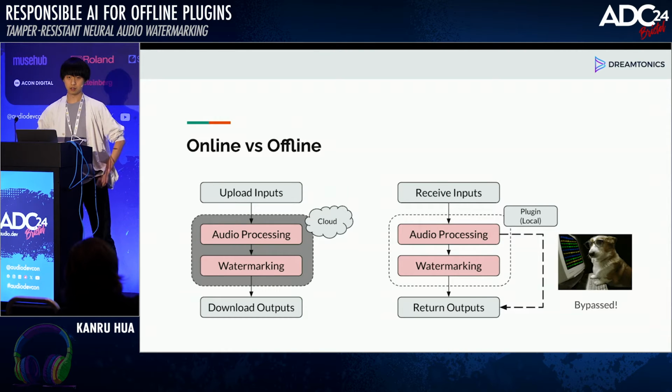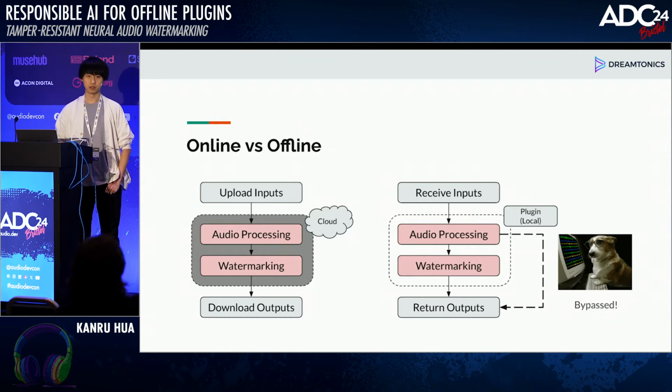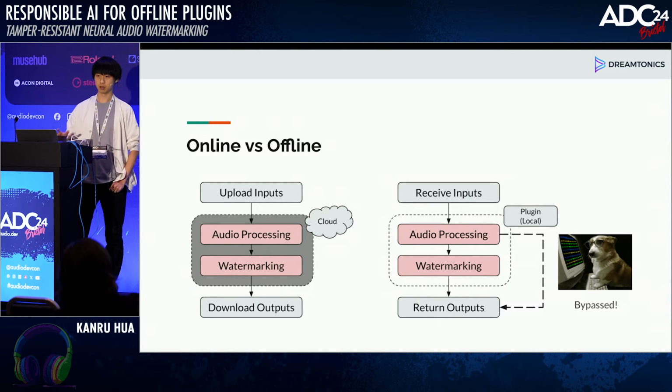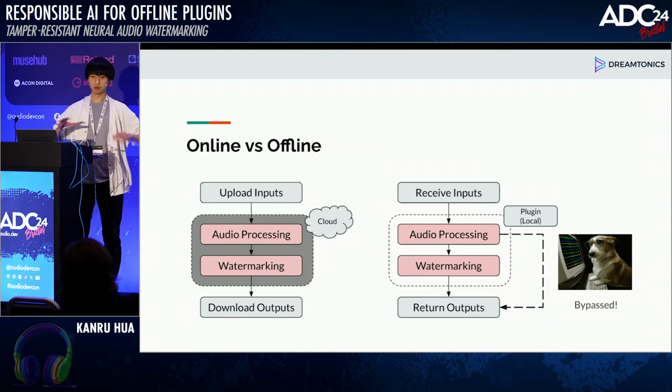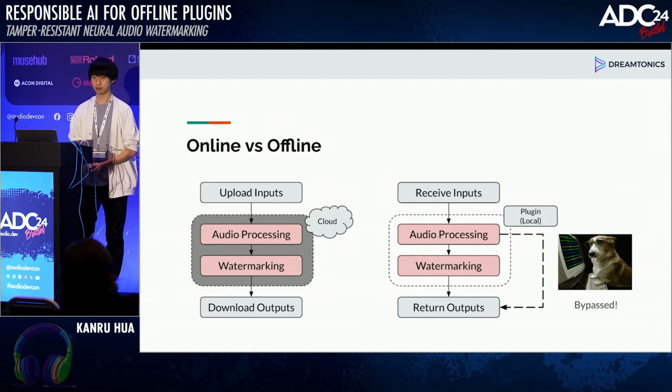A lot of existing approaches assume an online scenario where your audio processing and the watermarking system all run on the cloud. In that case, the whole system is just a black box, so you don't worry about the possibility of the audio before the watermark is added being leaked to the public.